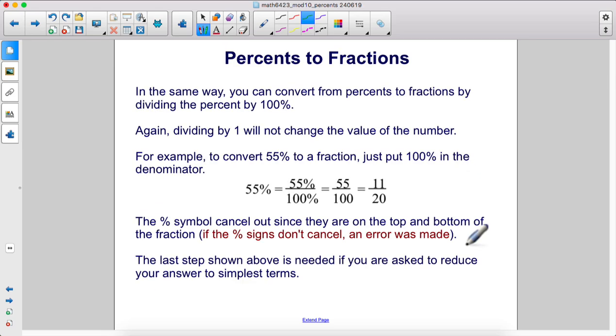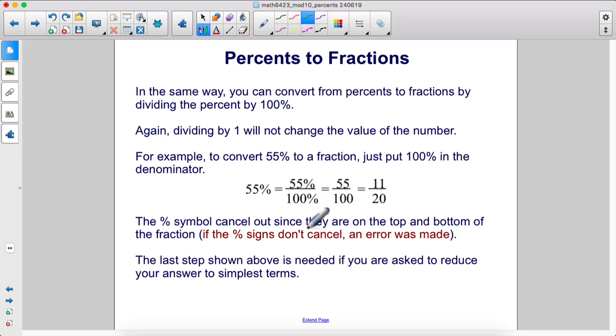In the same way, you can convert from percents to fractions by dividing the percent by 100%. Again, dividing by 1 will not change the value of the number. For example, to convert 55% to a fraction, just put 100% in the denominator. So the percent signs cancel, since they're on top and bottom of the fraction.